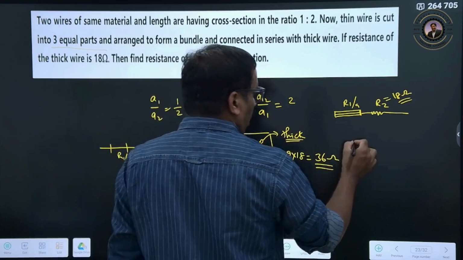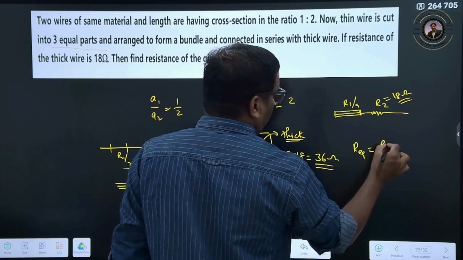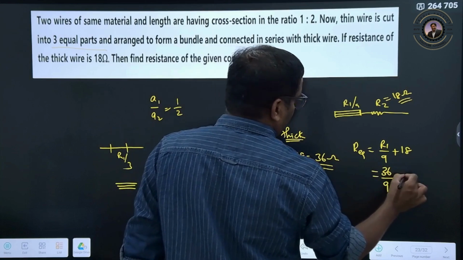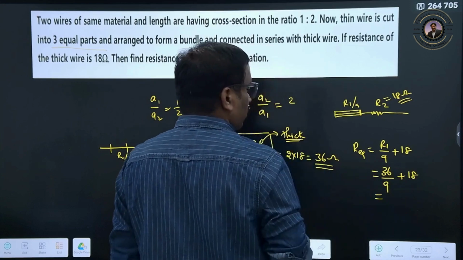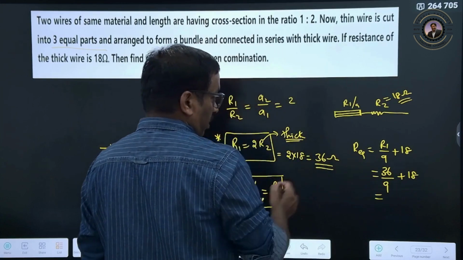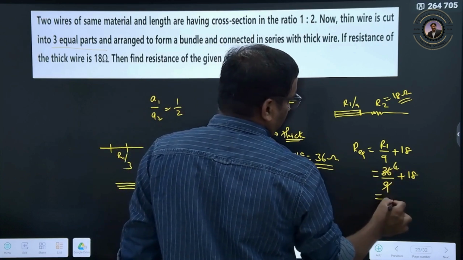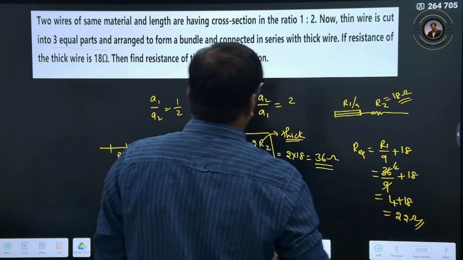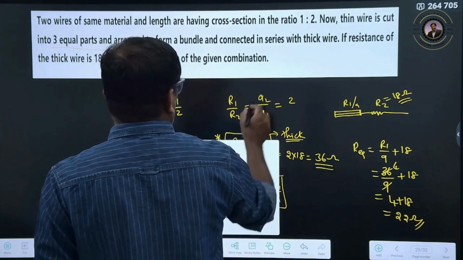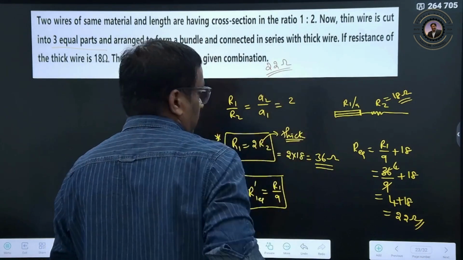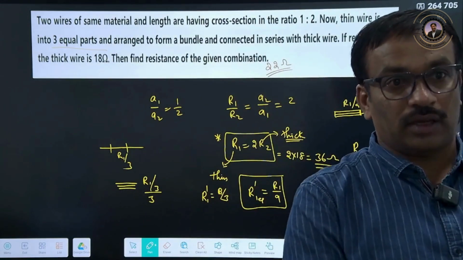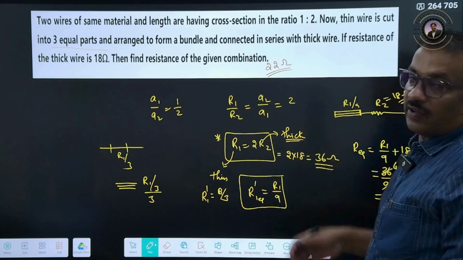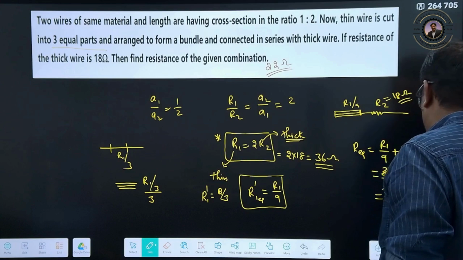So R equivalent is R1 by 9 plus 18, that is 36 divided by 9 plus 18. 9 fours are 36, so 4 plus 18, therefore 22 ohms. So 22 ohms will be your answer. I think you understood. Clear? A lot of information is there, so you can learn. Next one.